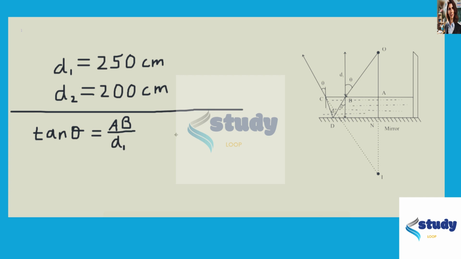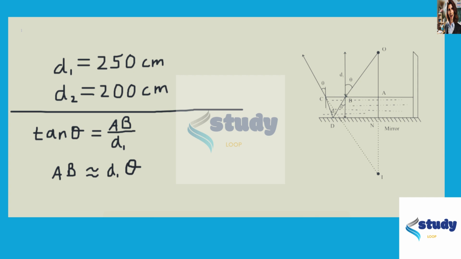But we're going to use small angle approximations where the tangent of theta is approximately theta. So therefore, the distance AB is approximately equal to D1 times theta.